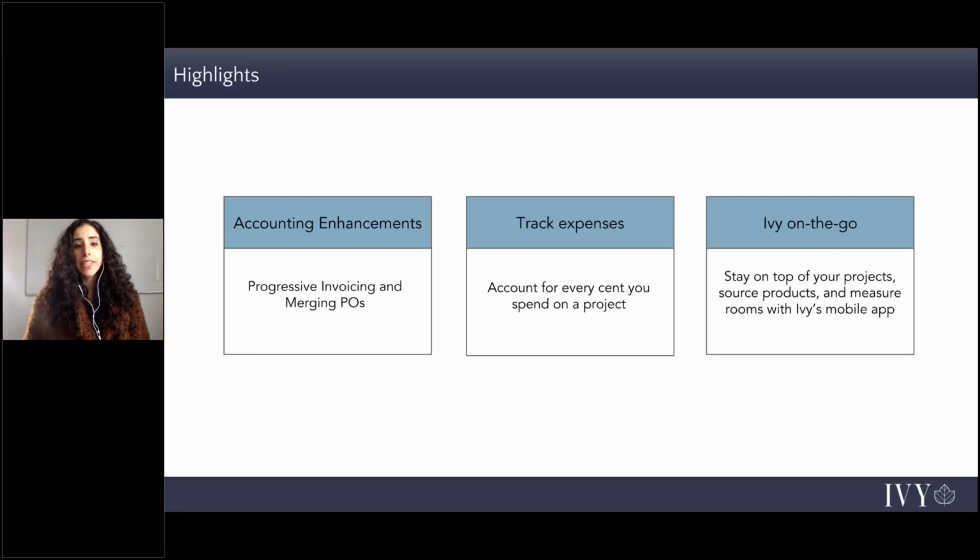A couple of the things that we're going to cover today. The first are recent accounting enhancements that we have released. Specifically, this refers to progressive invoicing and merging POs. And we'll go through that whole process, how it works, how to take advantage of it, what to do.